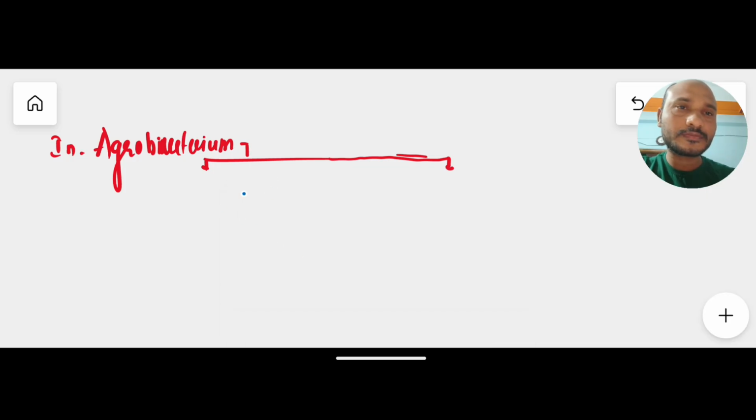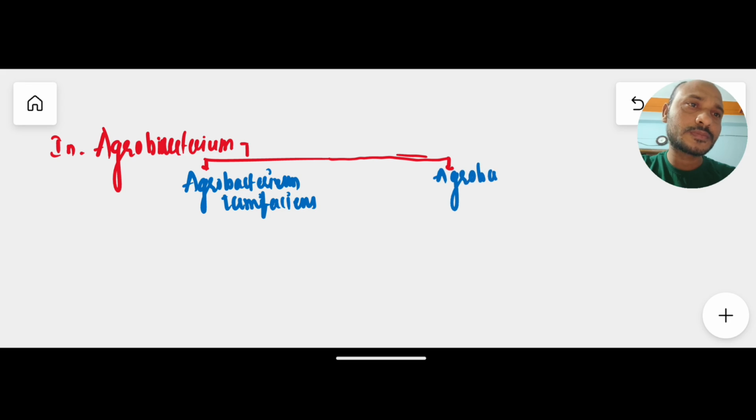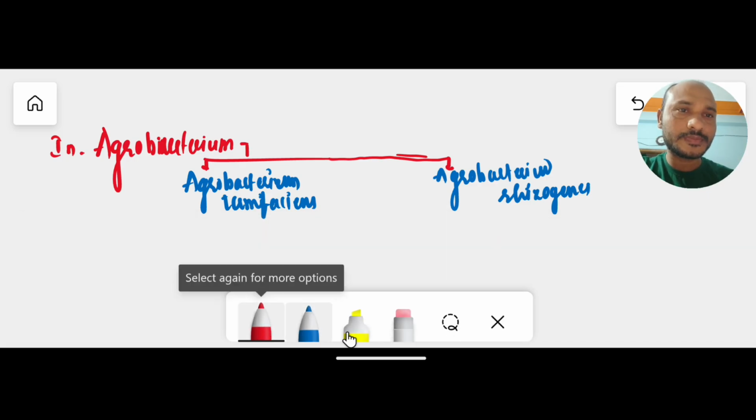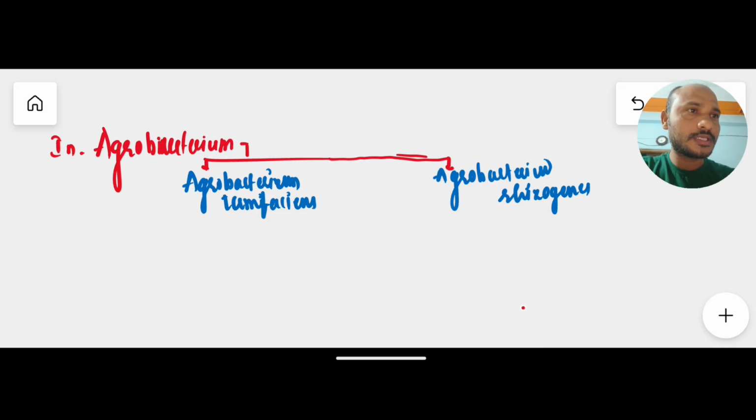They are Agrobacterium tumefaciens, and one more species, Agrobacterium rhizogenes. So we have two species in the Agrobacterium genus. Now we will discuss the importance of each species.